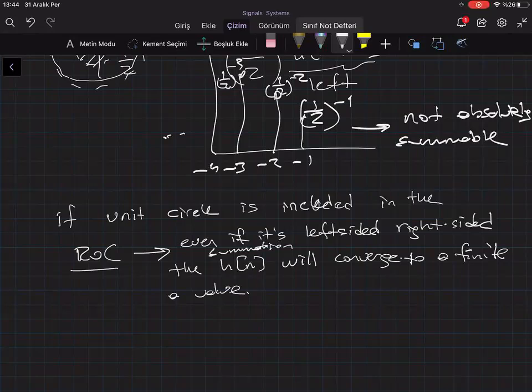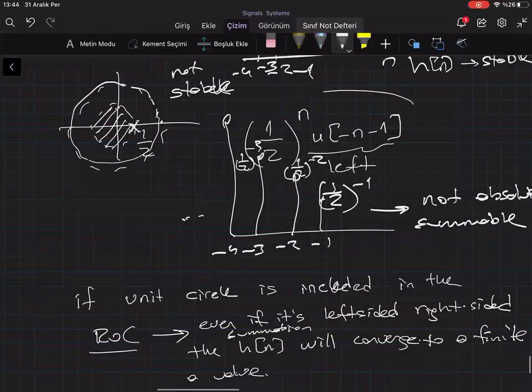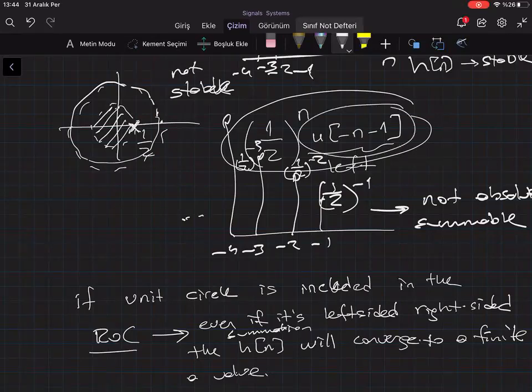Okay, so as I said here, 1 over 2 to the power n, u of minus n minus 1. The pole is here, but I have u of minus n minus 1. It means it's increasing all the time. Shading inside means it's a left-sided sequence.